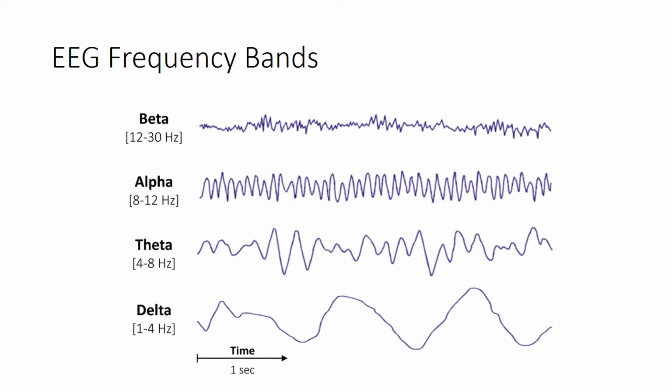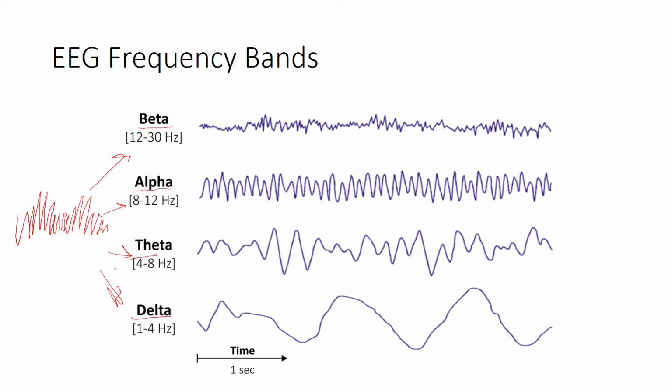So, how to extract features? Well, one of the most widely used methods to analyze EEG signals is to decompose the signal. Let's say that you have acquired the signal, which is very noisy, complex, and non-stationary, and you need to decompose it into different frequency bands, such as delta, theta, alpha, and beta.